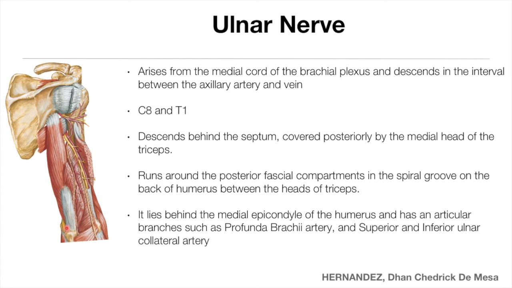So this is the radial nerve, and the ulnar nerve is hidden. It arrives from C8 and T1, and it descends behind the septum, covered posteriorly by the medial head of the triceps. So it really cannot be seen here.